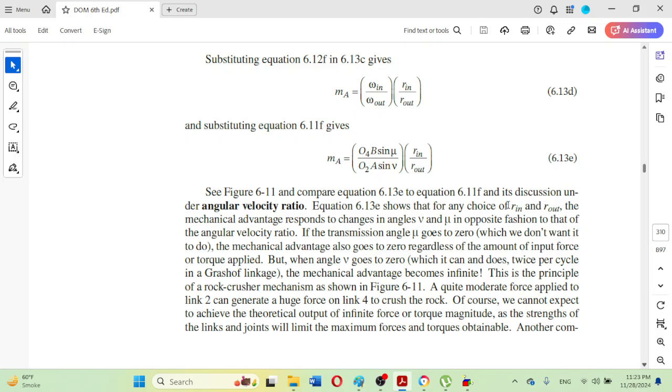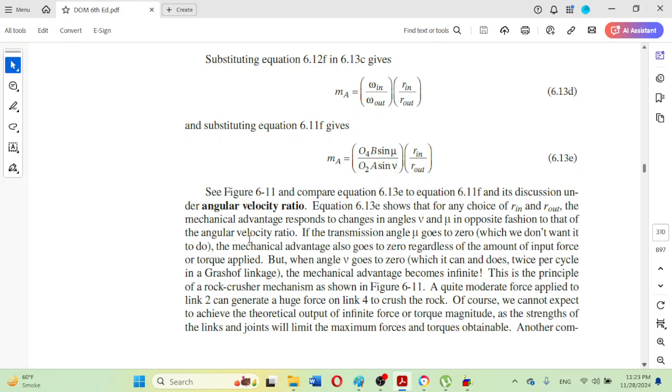That means, for example, if the ratio of r in and r out remains constant, for one test or one check, only the effect of the ratio O4b sine mu divided by O2a sine v is checked at that moment. This is the meaning of any choice of r in r out.